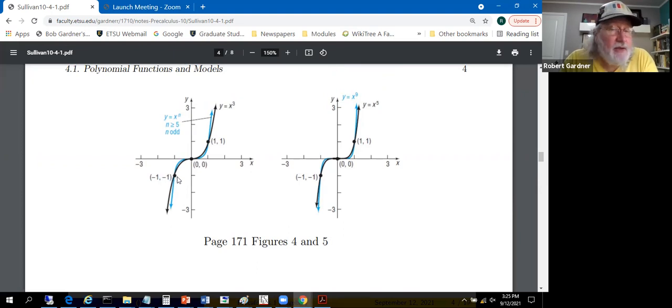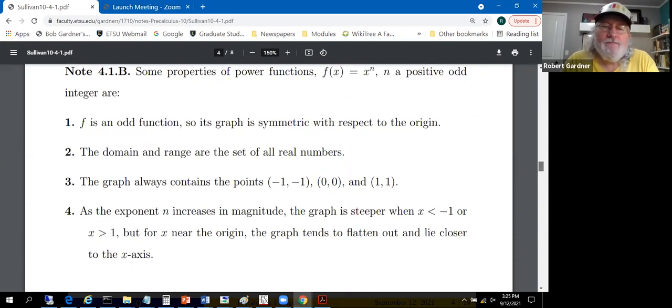When n's odd, that's going to be -1. If n were even, we had +1 out. We had a point up here. So for x to the n, when n is odd, we get the curve to pass through these 3 points. Notice they all pass through those 3 points. And then they have that steepness behavior and closeness to the x-axis behavior around those points.